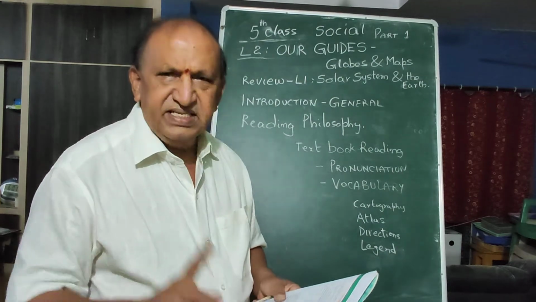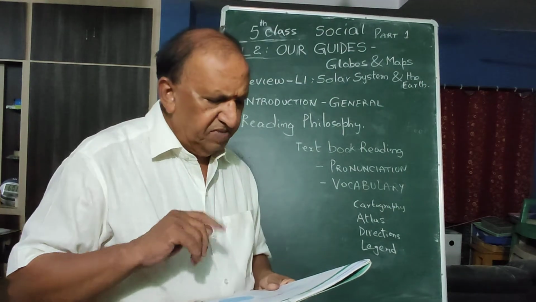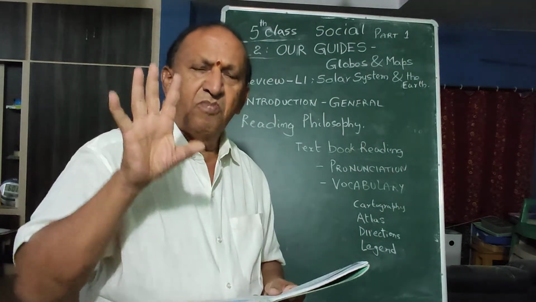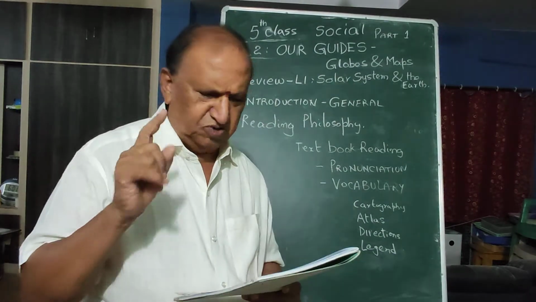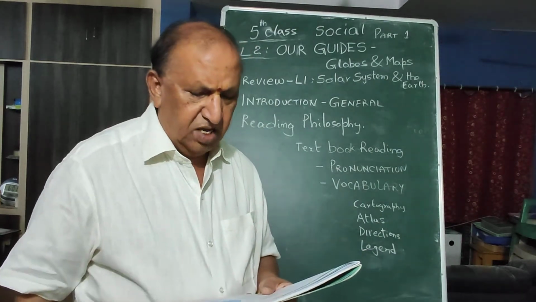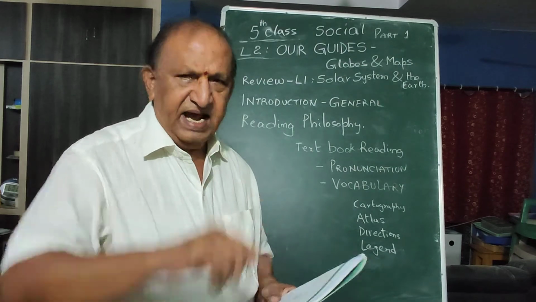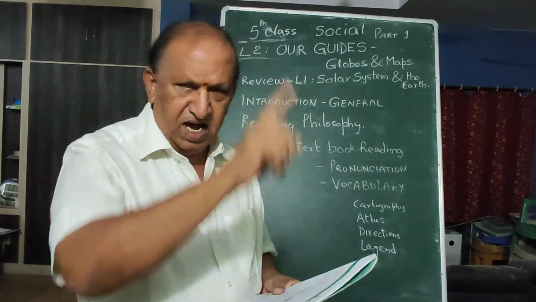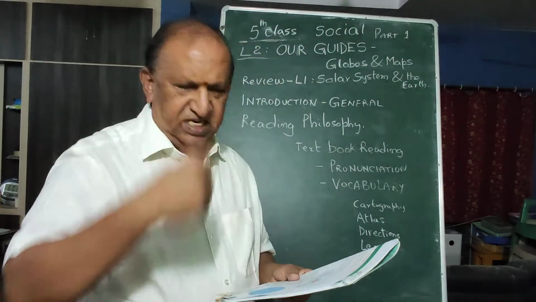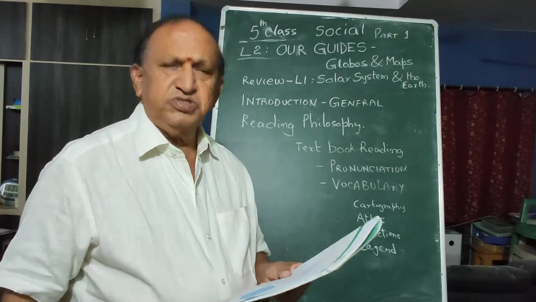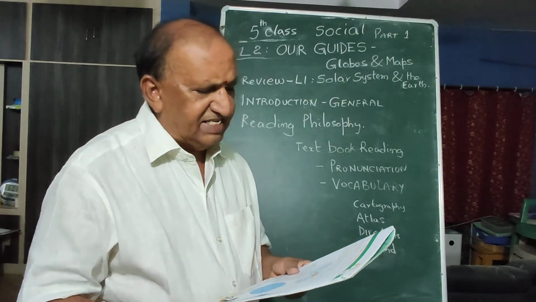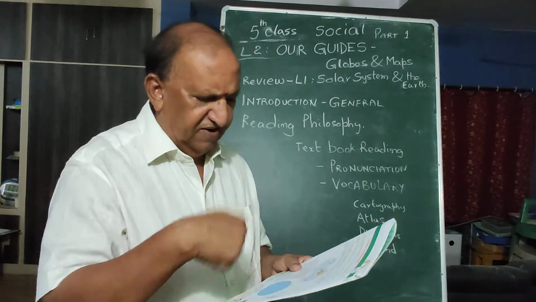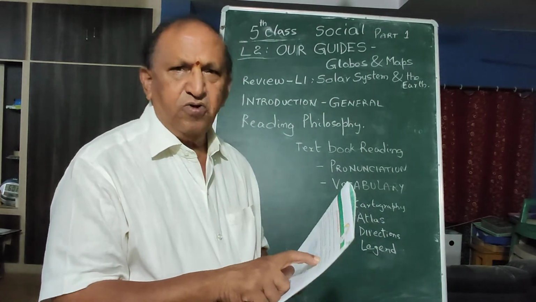The globe and the map. The globe is a small model of the earth. You can see I have shown you a small model of the earth. The pole point at the top is known as the North Pole, and the pole point at the bottom is called the South Pole. We have the imaginary horizontal and vertical lines on the globe.